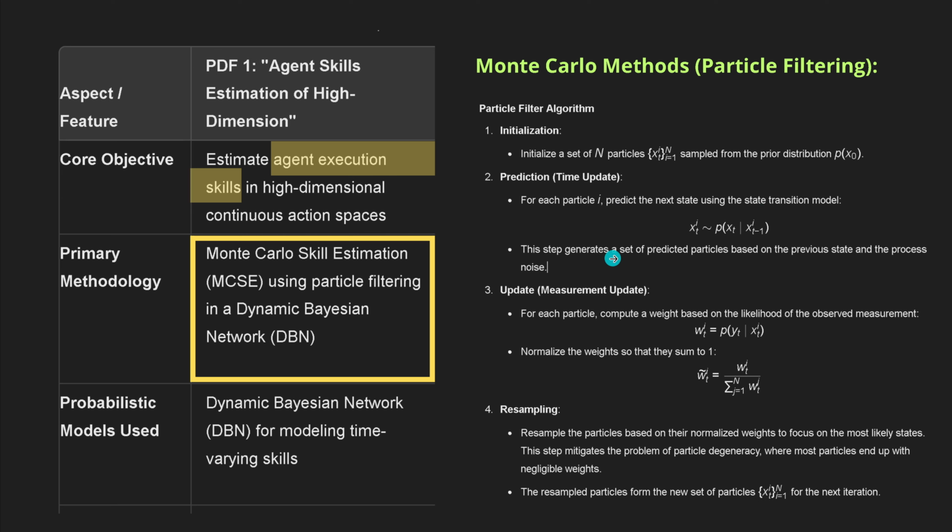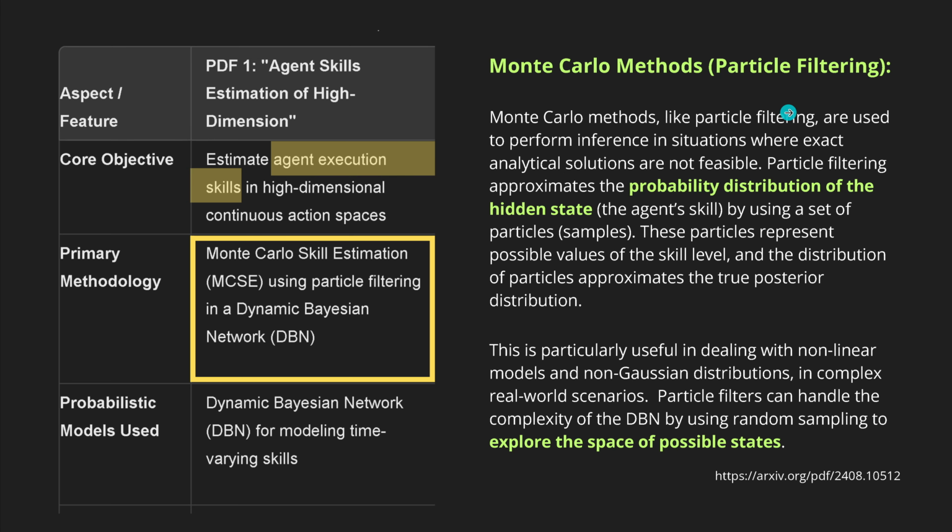This step generates a set of predicted particles based on the previous state and the process noise. Then we do the update: for each particle, compute a weight based on the likelihood of the observed measurement. Then we normalize it, and then we do a resampling of the particles based on their normalized weights to focus on the most likely states. Beautiful. So you just follow this recipe of the particle filter algorithm, and then we achieved it more or less.